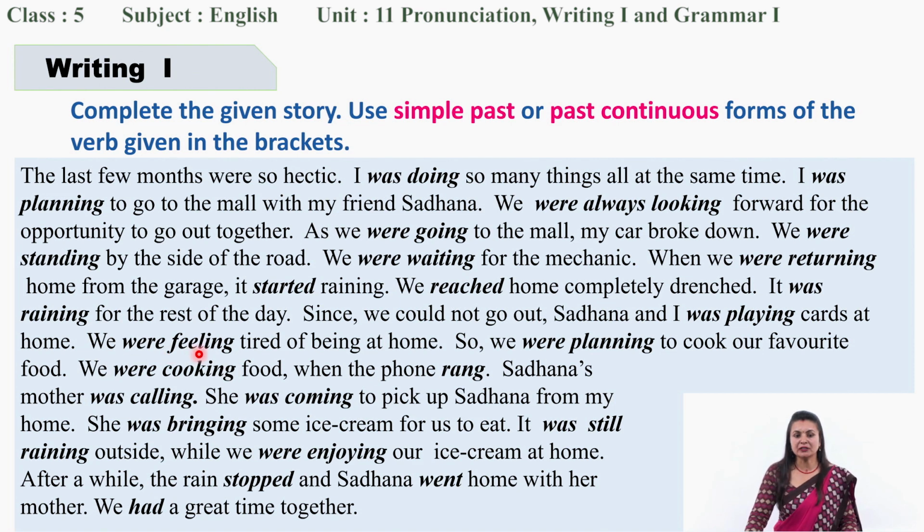And what is written here? We were feeling, and here we were planning. That's good. We were cooking. Rang. That's correct. Was calling. Was coming. Here was bringing. Was still raining. Were enjoying. Stopped. Went. And at last here is had.